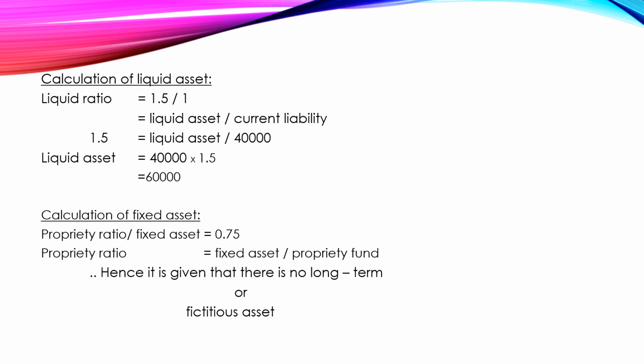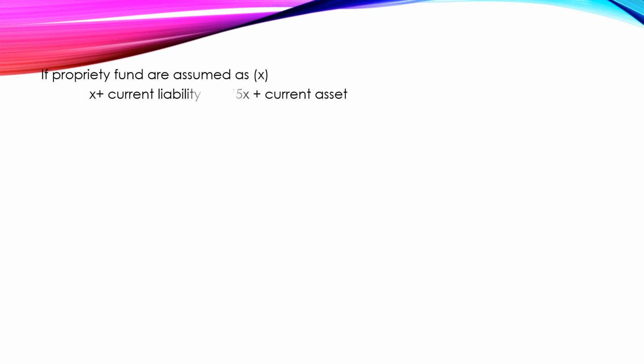Here, it is given that there is no long-term loan or fictitious asset. It is mentioned in the given question. Next, if proprietary funds are assumed as X, the equation is formed as X plus current liabilities is equal to 0.75X plus current asset.